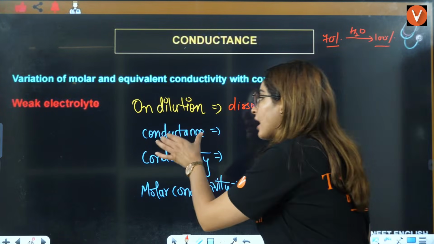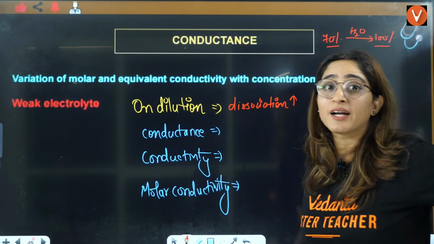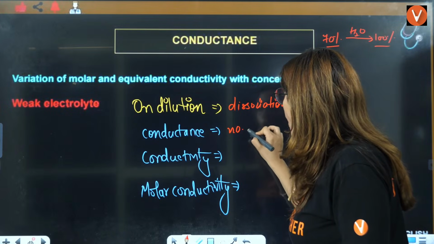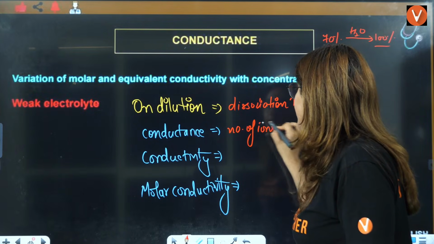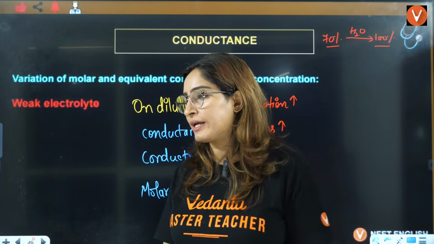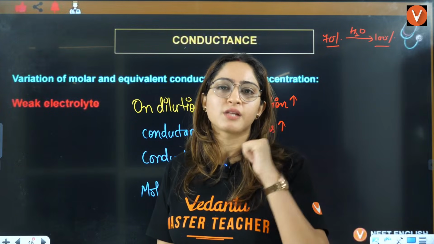So here conductance will increase because volume has increased. That's why conductance will increase. But also number of ions increases. Here conductance is increasing because dissociation has now increased. That is the reason it is increasing. Because they can ask you assertion reasoning questions, right?